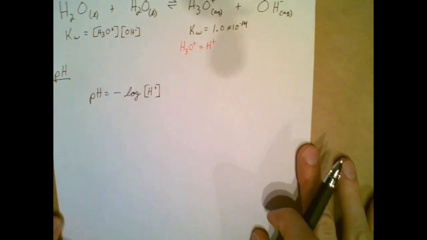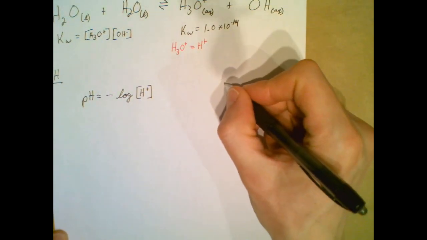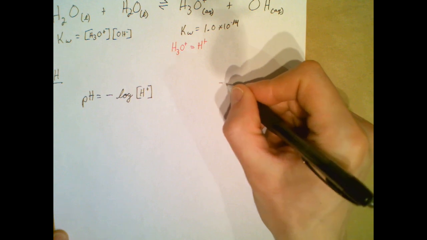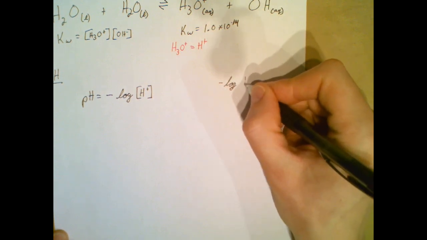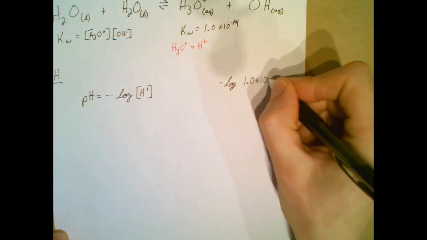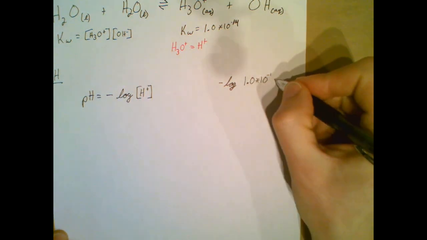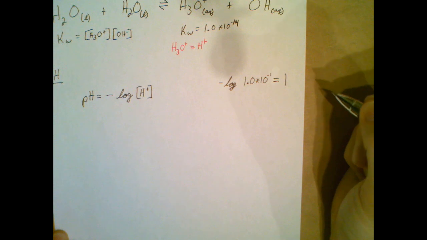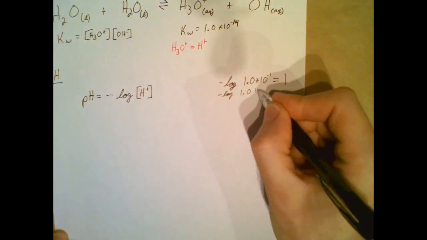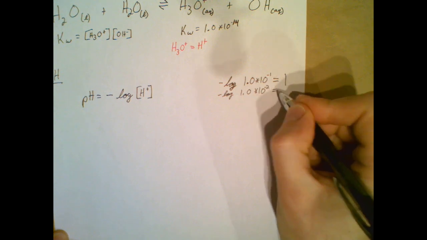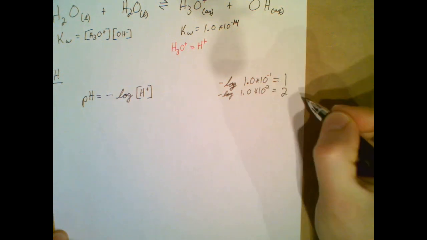Okay, if you have a calculator, here's what I want you to do. I want you to punch in the negative logarithm of 1.0 times 10 to the minus 1. What you're going to find out is it comes out to be 1. Negative logarithm of 1.0 times 10 to the minus 2. You're going to find out it becomes positive 2.